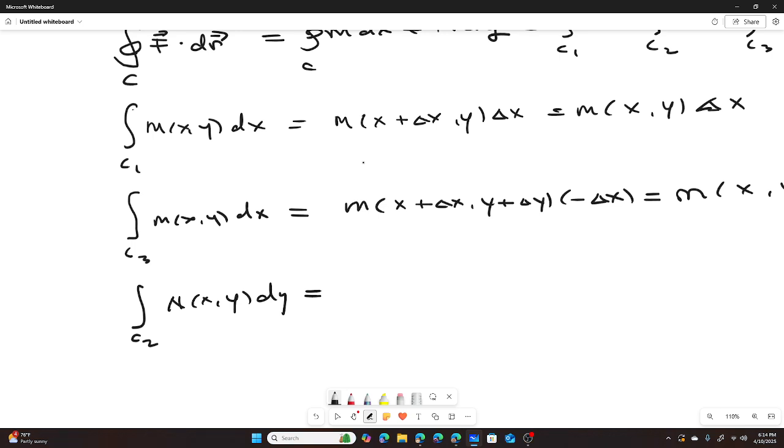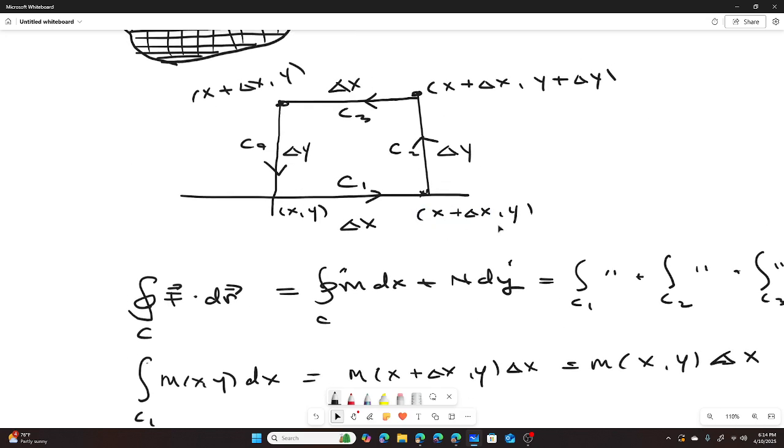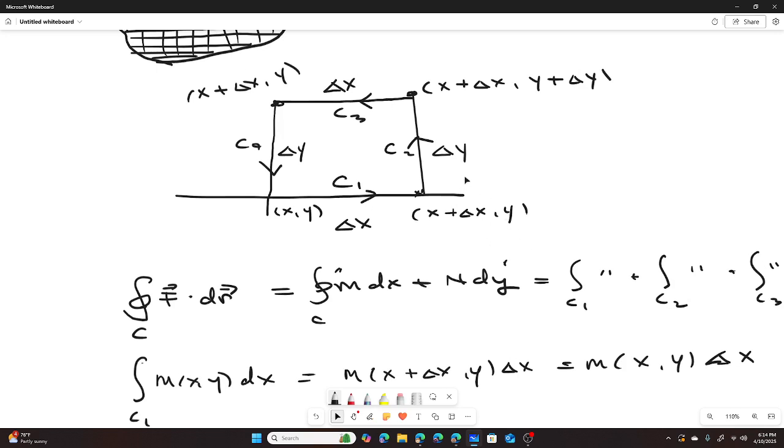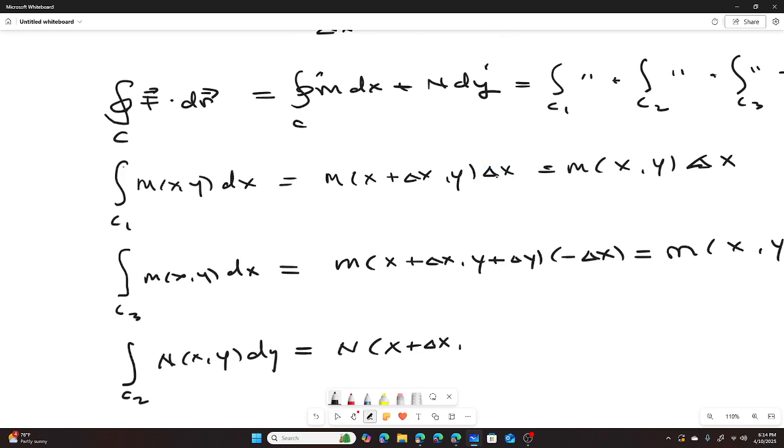And it's going to be n of x plus delta x, and then there is y plus delta y, but as delta y approaches 0, that's just going to be y, times delta y.